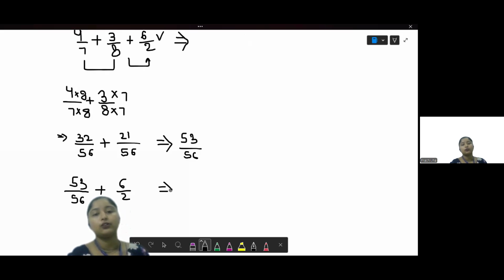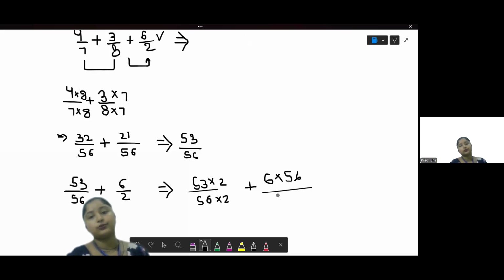For that, we are going to make 56 times 2 and 53 times 2, plus 6 times 56 and 2 times 56. This is the process that we are going to do now. 2 times 56 or 56 times 2, both are the same. You can answer this question in the comment below.